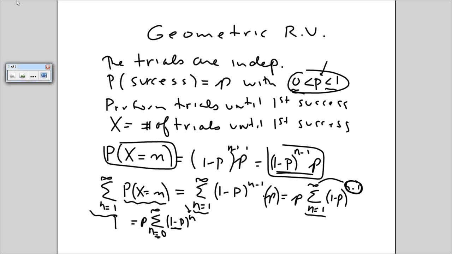This is a geometric series. The p stays in front, and then you get 1 over 1 minus r. Remember, this is r to the n, where r is 1 minus p. You get 1 over 1 minus r.